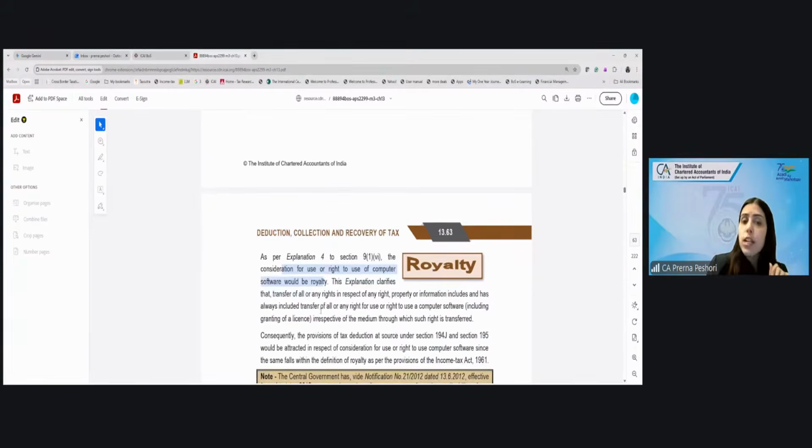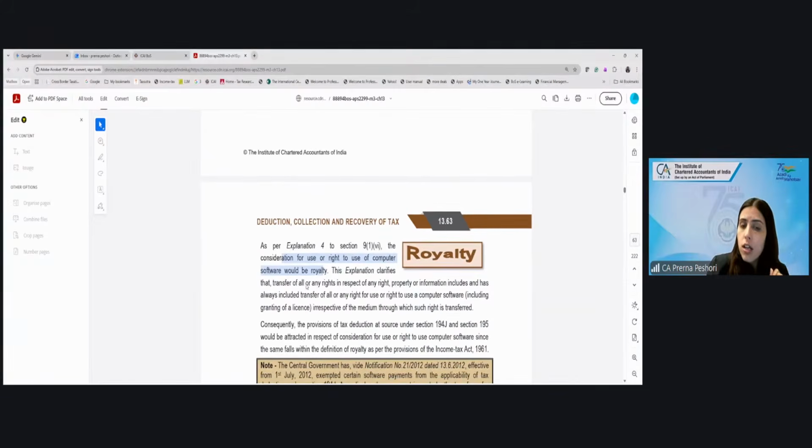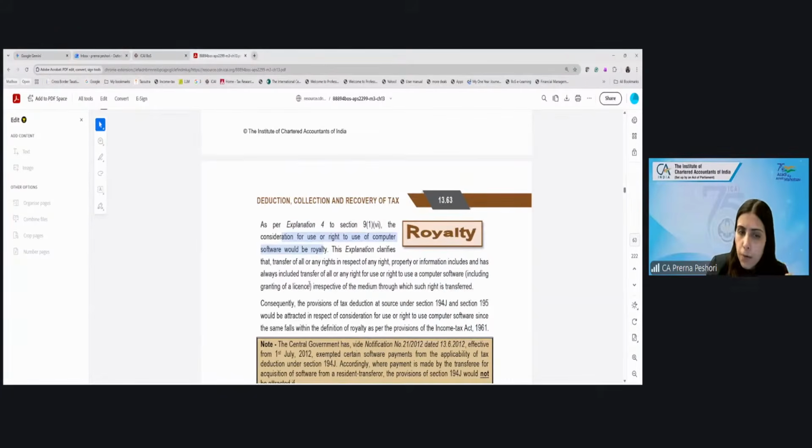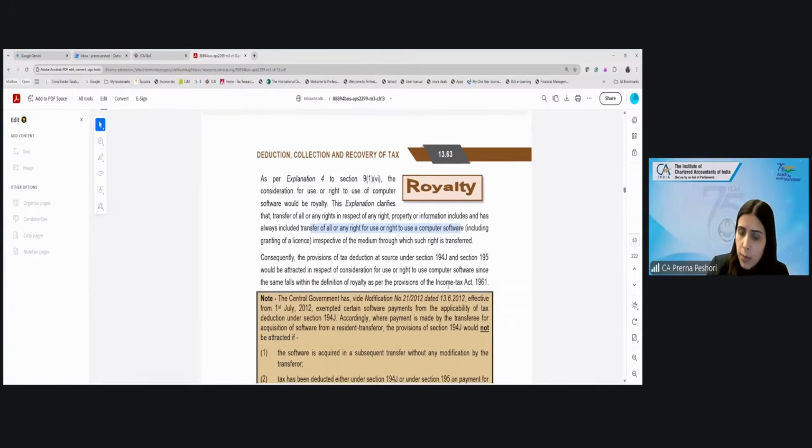So the explanation clarifies that the transfer of all or any rights in respect of a right, property or information includes the transfer of right to use a computer software, which classifies as royalty. So whether when you purchase a computer software, you have to deduct the TDS under 194J.